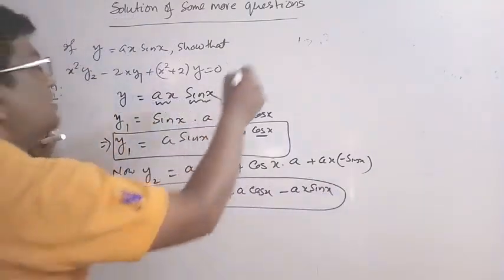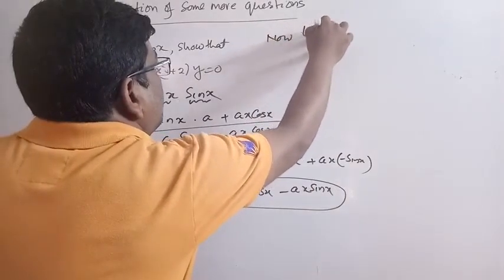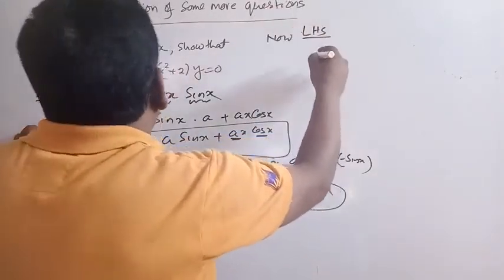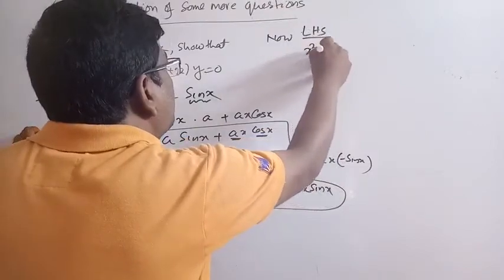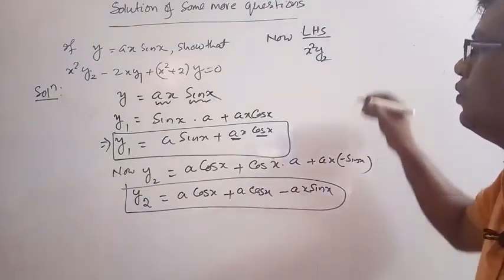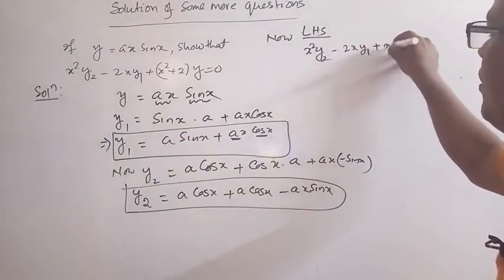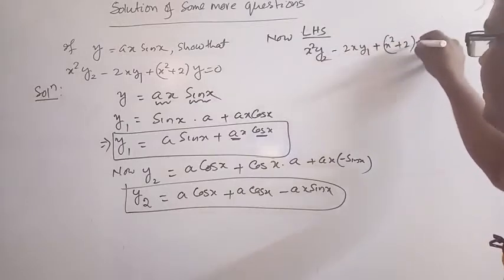Now put in the left hand side. The left hand side is x square y2 minus 2x y1 plus (x square plus 2) into y.